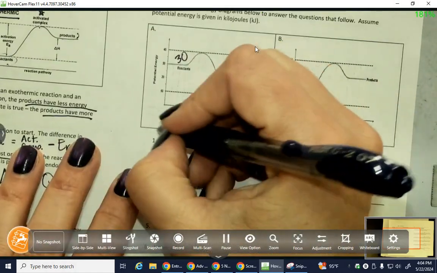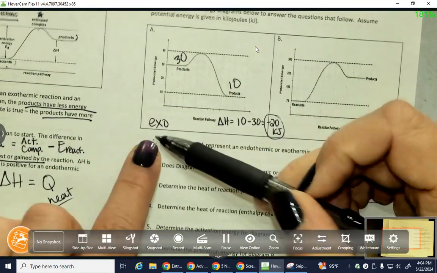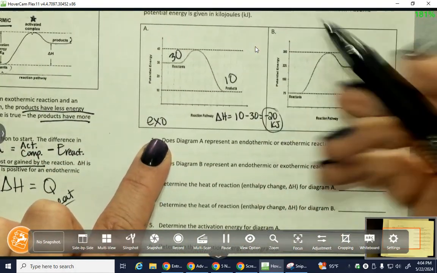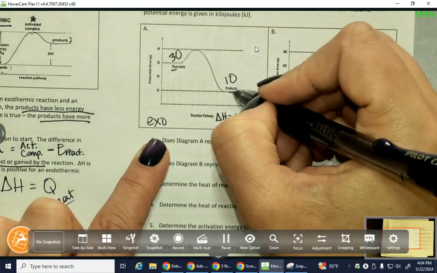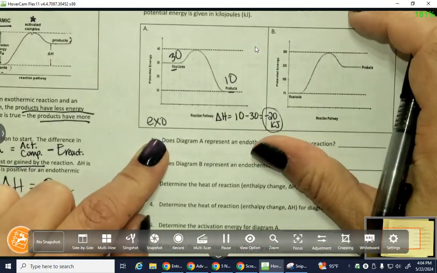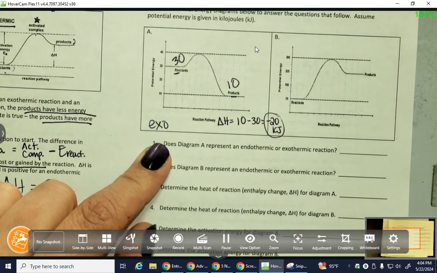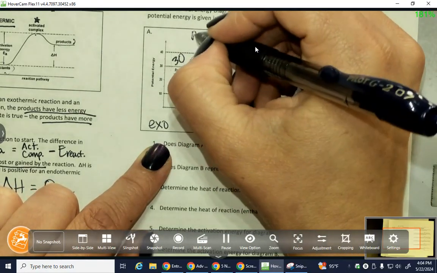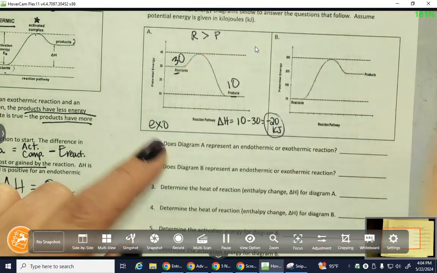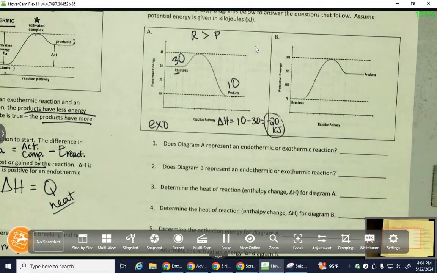Exothermic, all right? So this is exothermic. We also can see that it's exothermic because my reactants are a whole lot higher than my products, right? My reactants are definitely greater than my products. You guys see that? So different ways to see which one is endo and exo, all right?